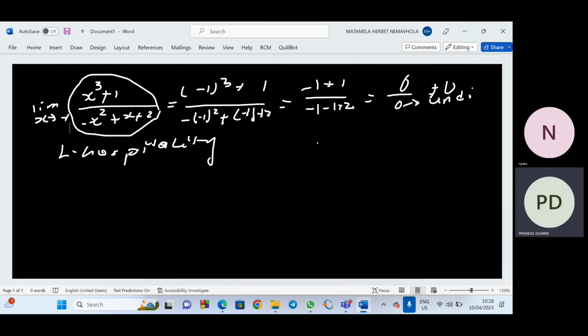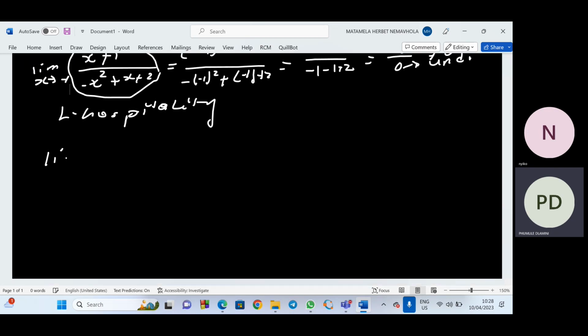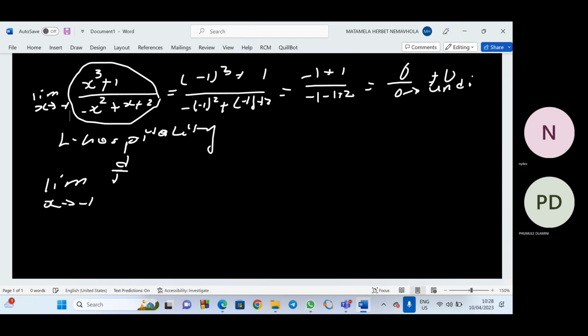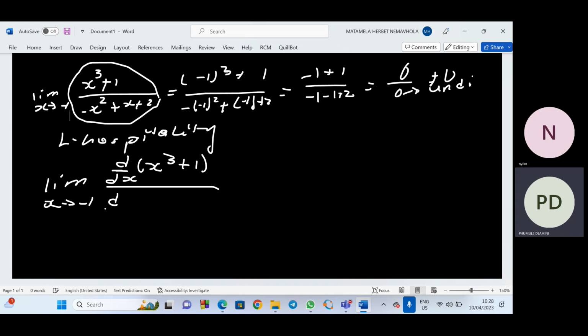So the way I taught you yesterday how to differentiate this, when we write it, we're going to say the limit when x approaches -1. If I have to differentiate this, I will say d over dx. But normally, if you are writing, you don't really have to write d over dx. I'm just writing it because I'm showing you how it's supposed to be done. So d over dx of x cubed plus 1 and d over dx of -x squared plus x plus 2.